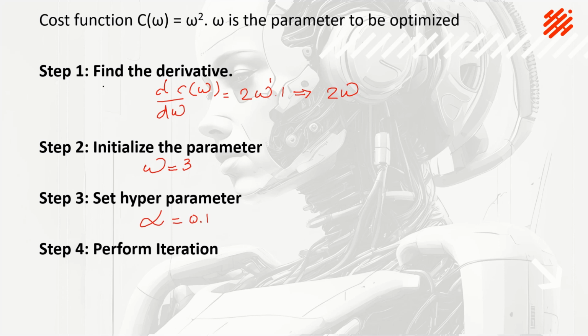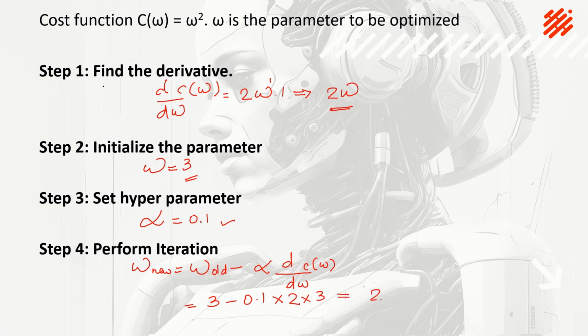And we need to perform the iteration. So the iteration is: ω new value equals ω old minus alpha times the derivative of C(ω). So ω old value is 3, what we have assumed, so 3 minus alpha 0.1 times the derivative of the cost function, 2 times the ω value, again 3, which gives 2.4.